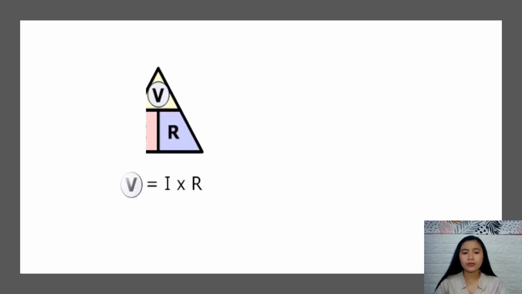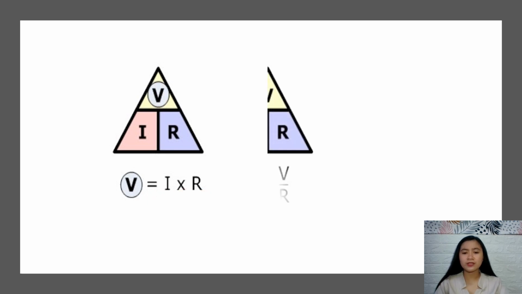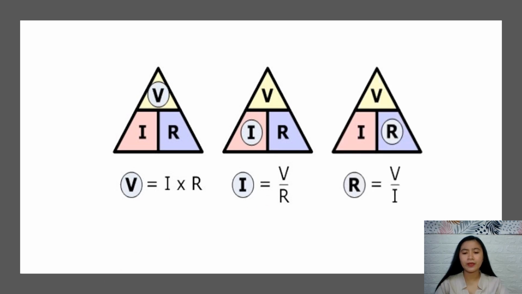We can use the first one, which is V is equal to I multiplied by R, or we can use the second one, which is current I is equal to V over R, or we can use this one, R is equal to V over I. So it depends on what is missing in the given problem. So here are the equations derived from the first equation.